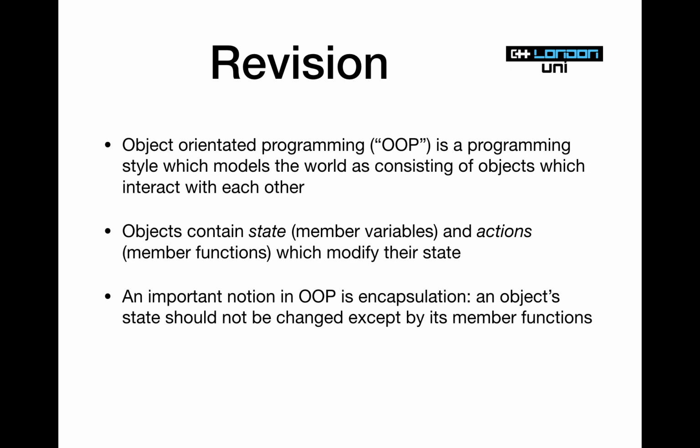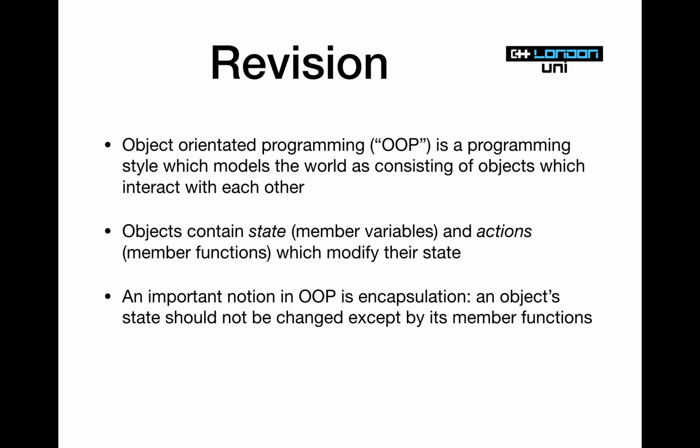So one thing we were talking about last week is this idea of encapsulation. This idea that objects should be, in some sense, self-contained. That you shouldn't just arbitrarily be able to go in and change an object's state. All state changes should happen via that object's actions, via its methods, via its member functions.